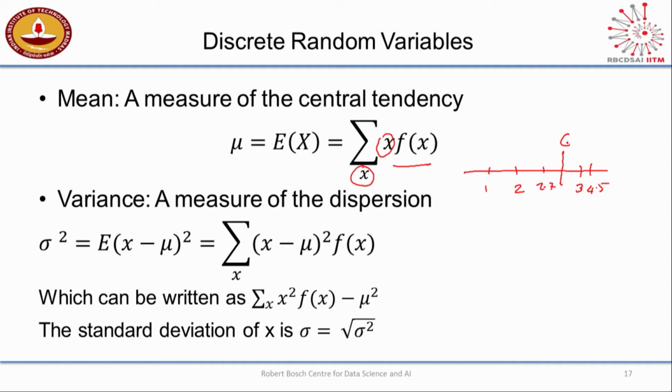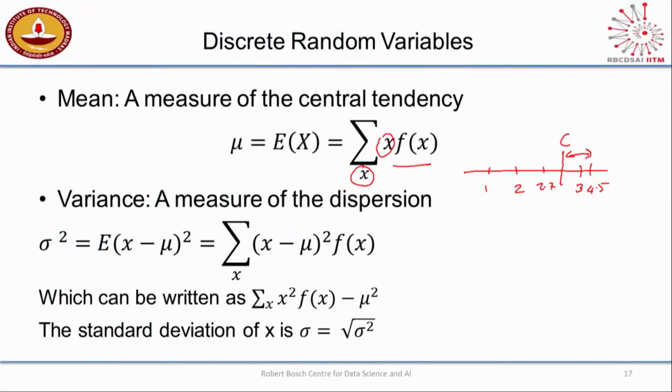You can think of each value in a data set, or you can think of each value weighted by how likely it can occur. Both are fine. One way is I give you a data set. The other way is I take each outcome, but I weight it by how likely it can occur. Now I can take C and measure the distance between C and 4.5.